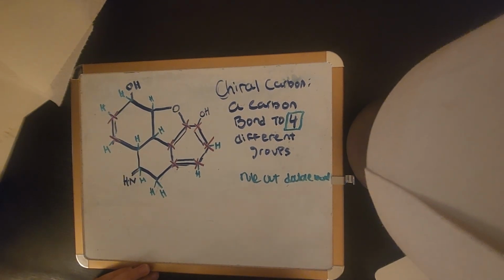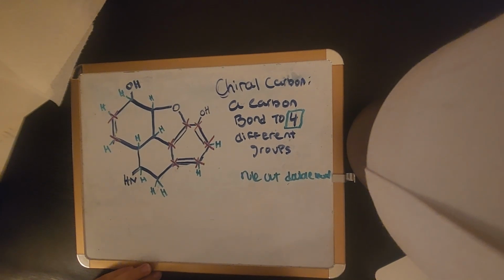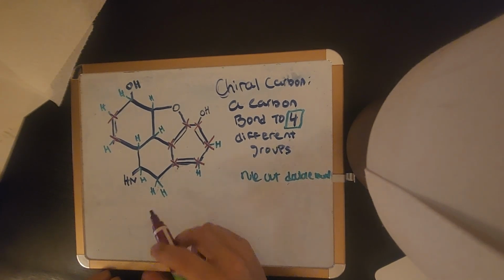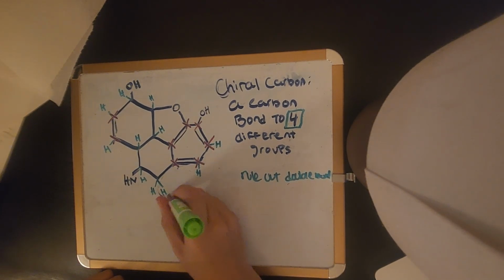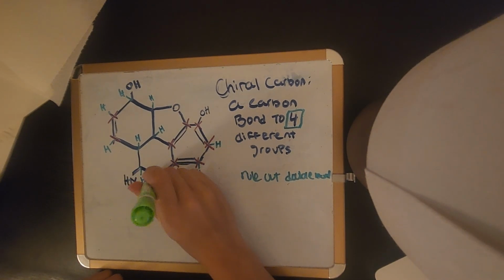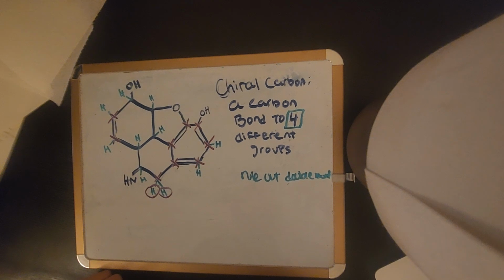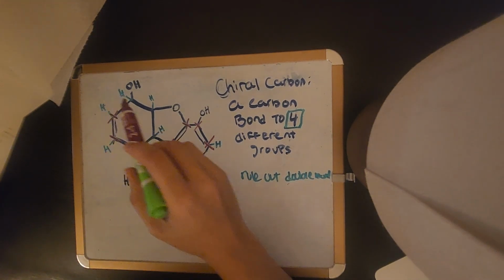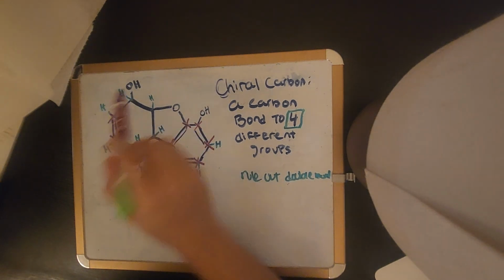And now we're going to go ahead and rule out any of them that have 2 hydrogens, because those are obviously not different. Everything remaining should be a chiral carbon that is bound to 4 different groups.